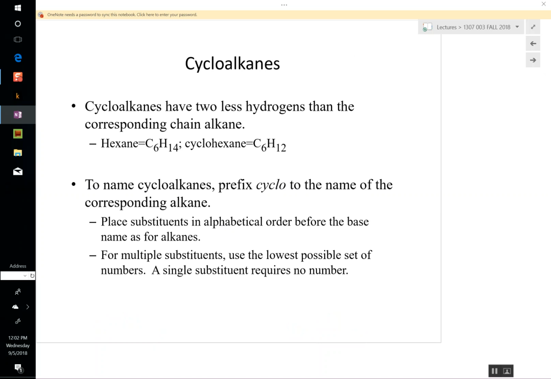Cycloalkanes. I'm doing some of this quickly, but let me just introduce you. Let's get six carbons out here somehow. All right, cycloalkanes. So here's 5 carbons.